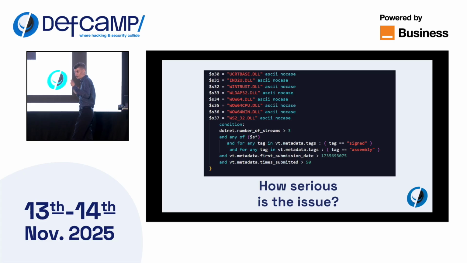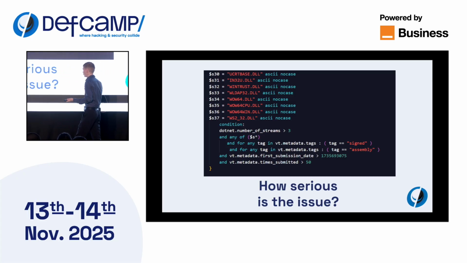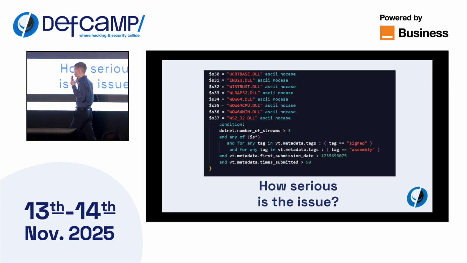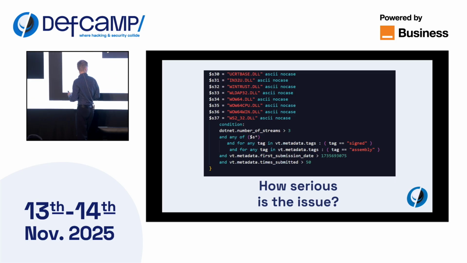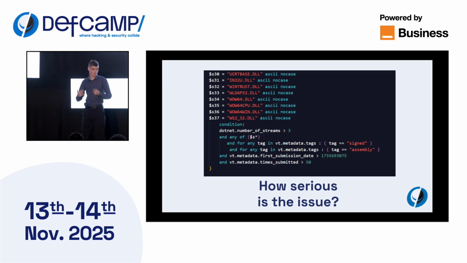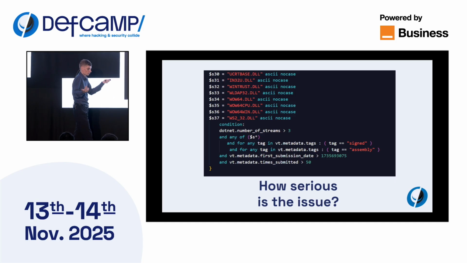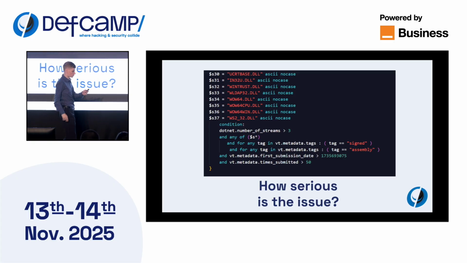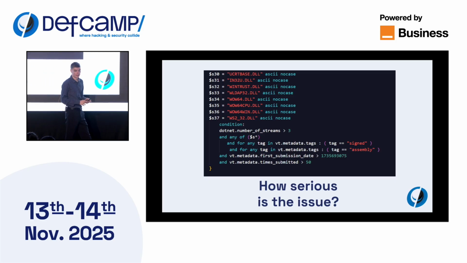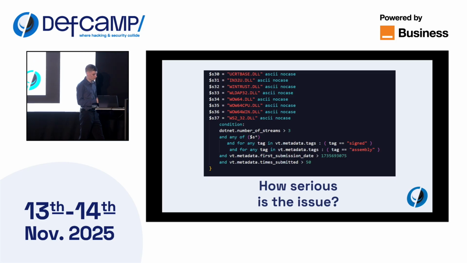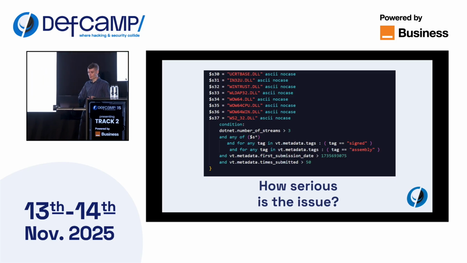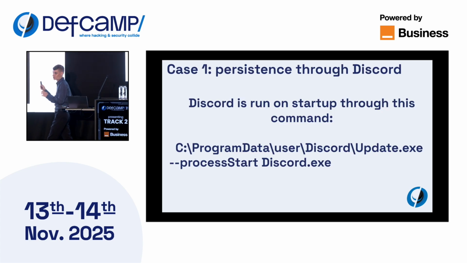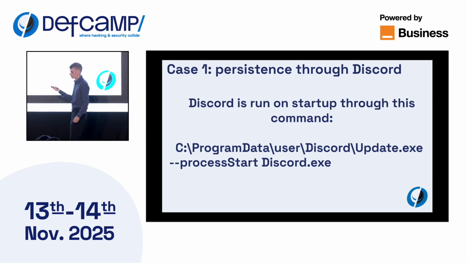I started hunting for applications that make use of known DLLs, that are signed and that are popular. I searched for this, and of course, which are written in .NET. I ran a search using this rule on VirusTotal, and I got quite interesting examples. One of the applications vulnerable to this was Discord, which is a messenger.